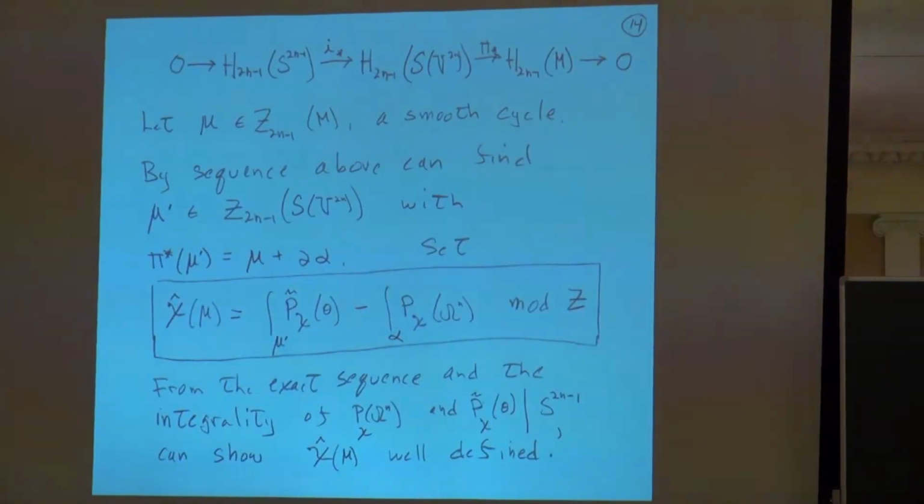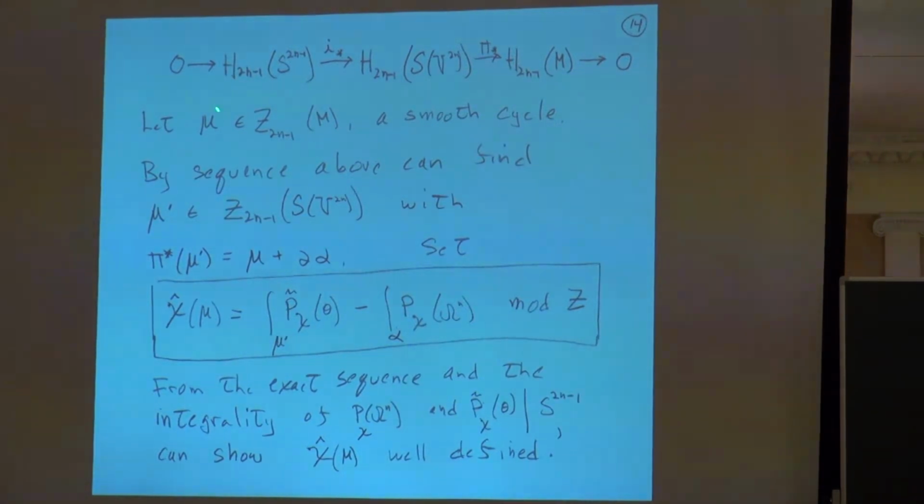So now, let's look at the homology sequence of this thing in the appropriate dimension. The homology of the fiber, the only homology it has is in 2n minus 1. That injects into the homology of the sphere bundle. And the homology of the sphere bundle maps down onto M. This is a standard homology sequence of fibrations, of this particular one anyway.